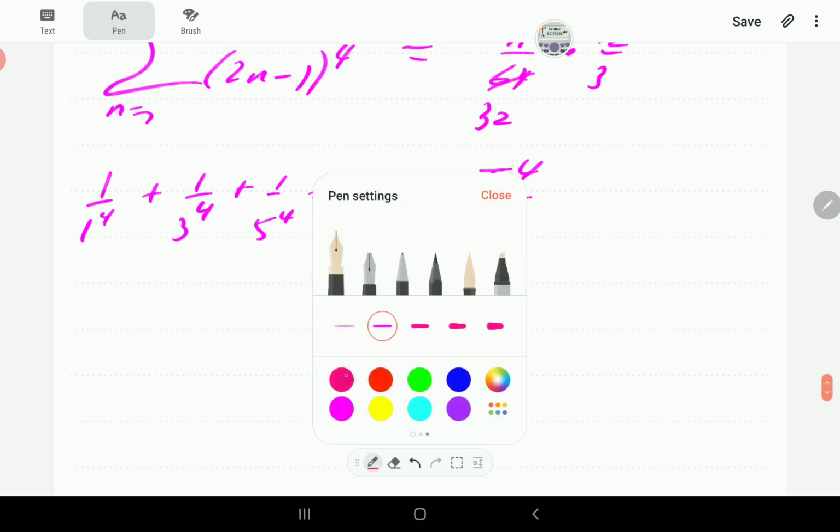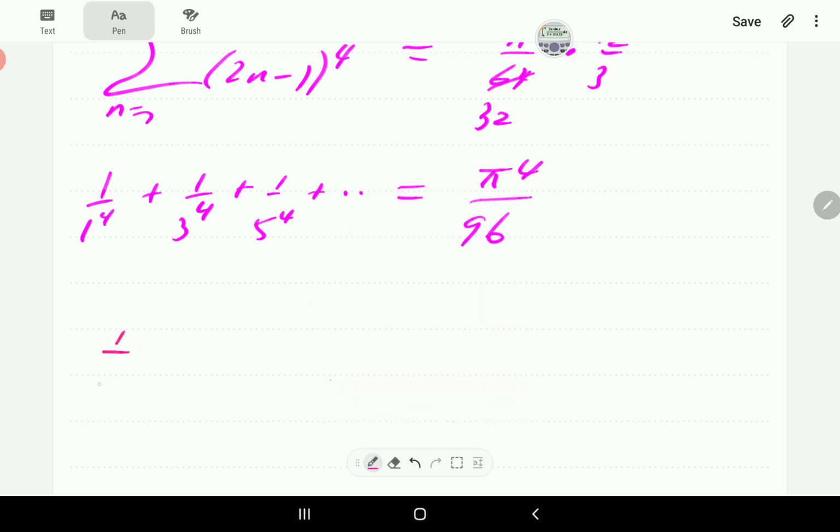But we want 1 over 1 to the power 4 plus 1 over 2 to the power 4, 1 over 3 to the power 4, 1 over 4 to the power 4.